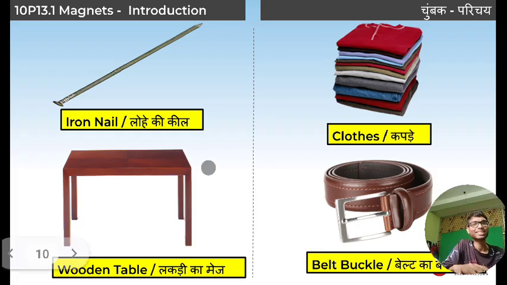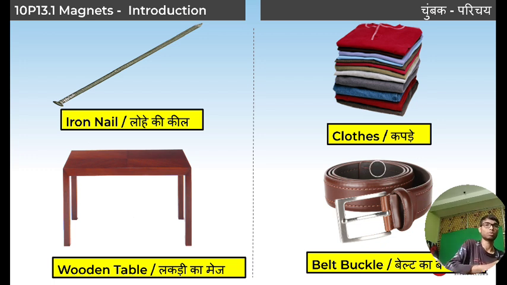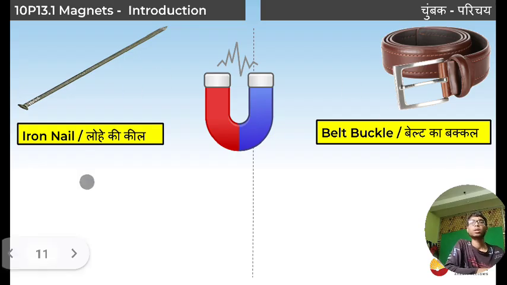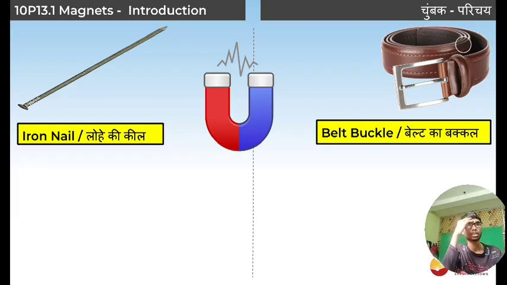That's why, like clothes, the magnet will not attract this. It will not conduct electricity either. So the magnet will attract this part but not this part, because this part is made of plastic. It is an insulator. Now what will happen here? This will be attracted, this will be attracted, but the part behind will not be attracted by this magnet.